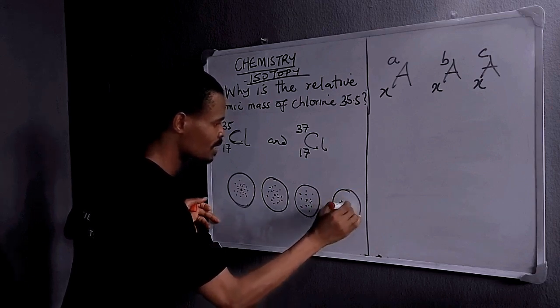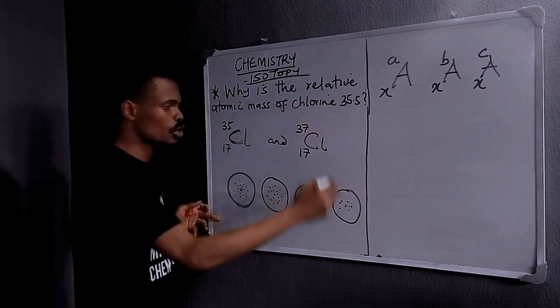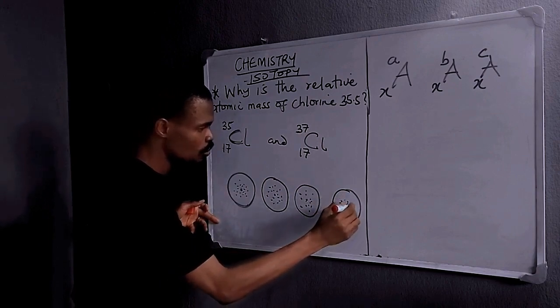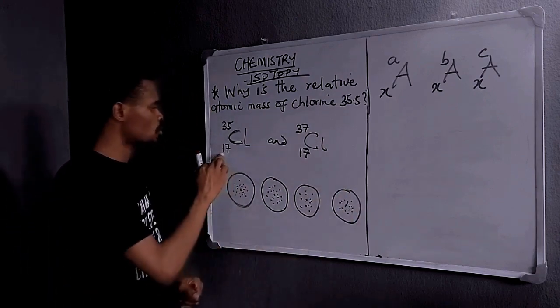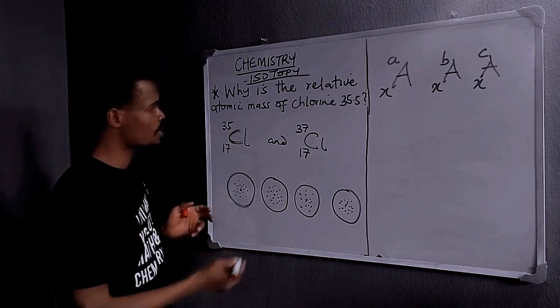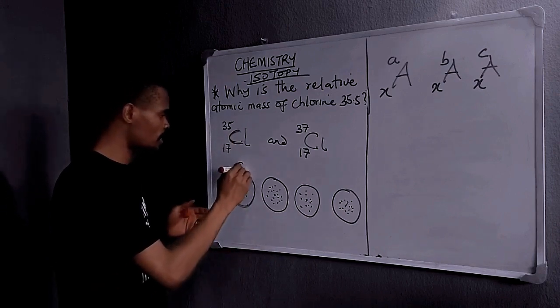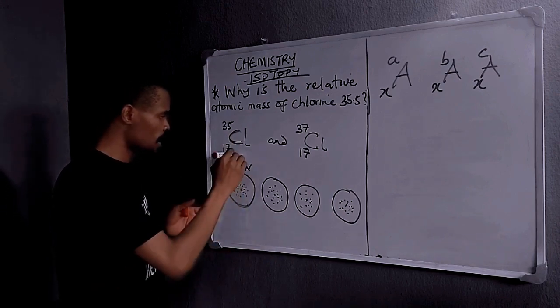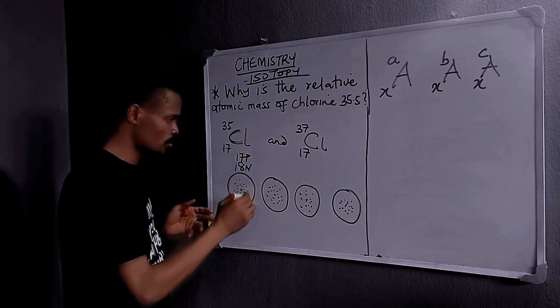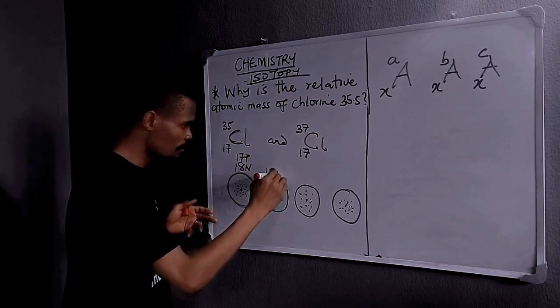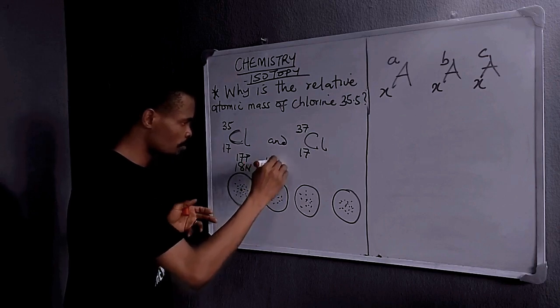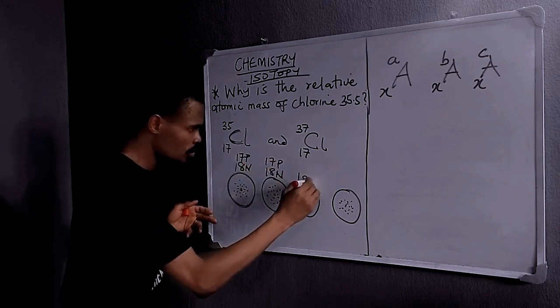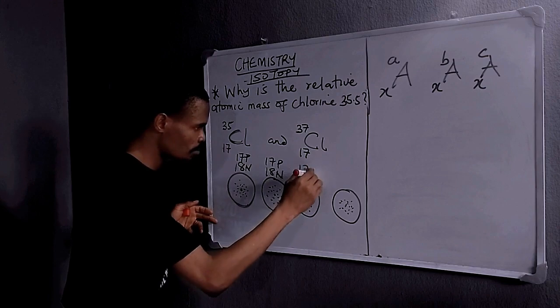Remember, chlorine 37 has more neutrons. As a matter of fact, chlorine 35 has 18 neutrons and 17 protons. The same for this one, we have 18 neutrons and 17 protons, and again 18 neutrons and 17 protons.